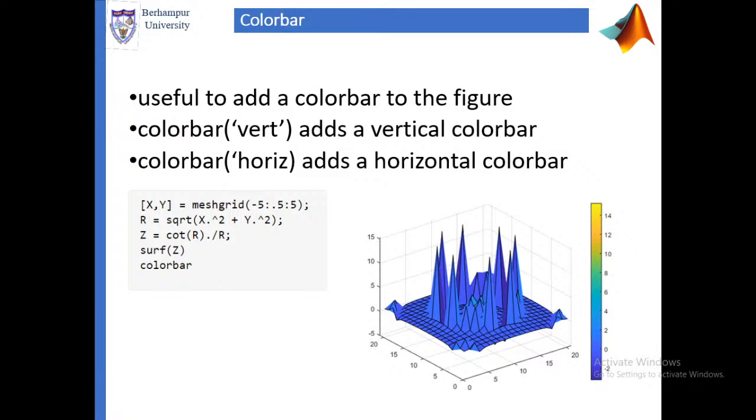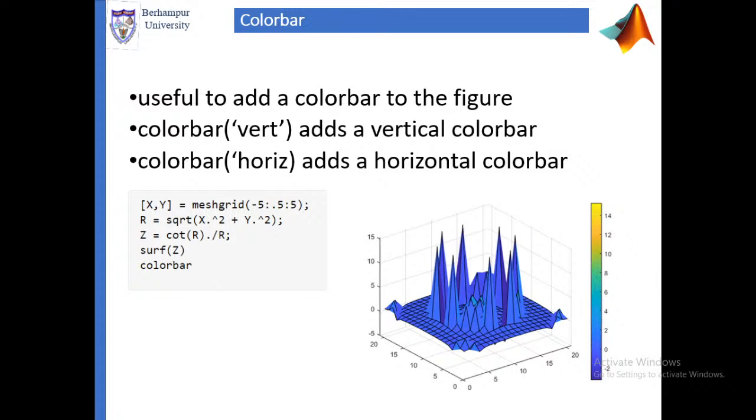That adds a vertical color bar, as shown here in this figure. But colorbar has to follow the surf command or mesh command or surfc command or meshc command. So that must precede the colorbar command. First you have to write the plot command, then any editing of the plot can be done.